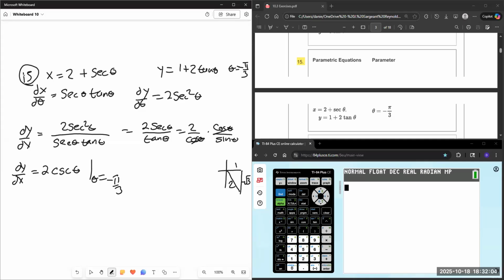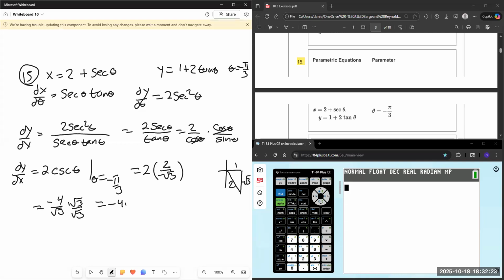Cosecant is the reciprocal of sine. So that's going to be equal to a negative 4 over root 3 times root 3 over root 3, which is a negative 4 root 3 over 3.